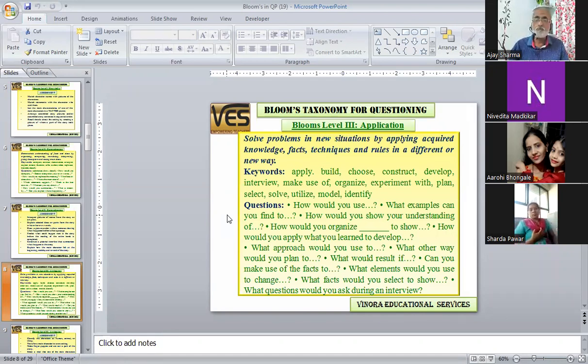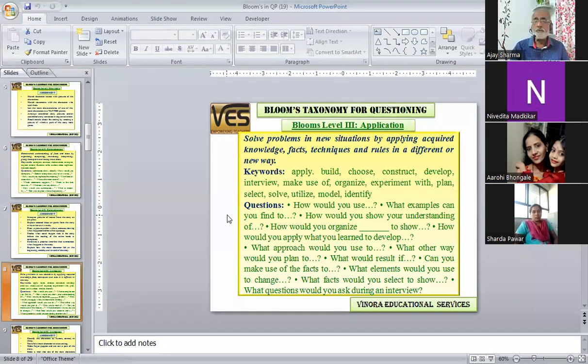Now, if I choose by road, I could have walked, I could have gone on a bike, I could have gone on a private vehicle, say a car, I could have gone with a public vehicle, say a bus. So that is application.